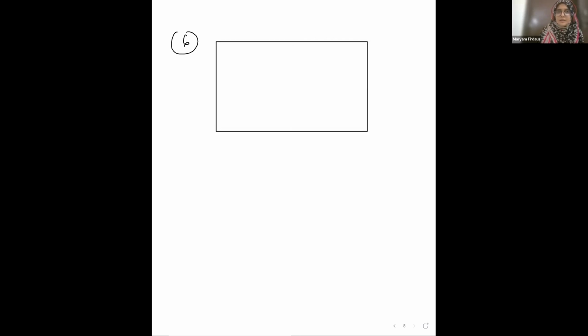So see, let's say the frame is like this. The thing is over here, you don't have to find the perimeter. This is the frame. And the picture is 7 3 by 5 centimeters wide. So this is the width of the picture.